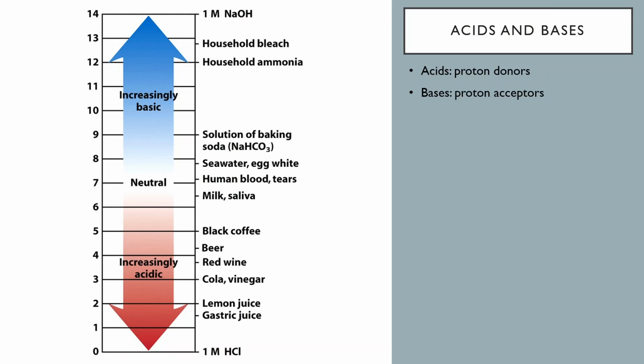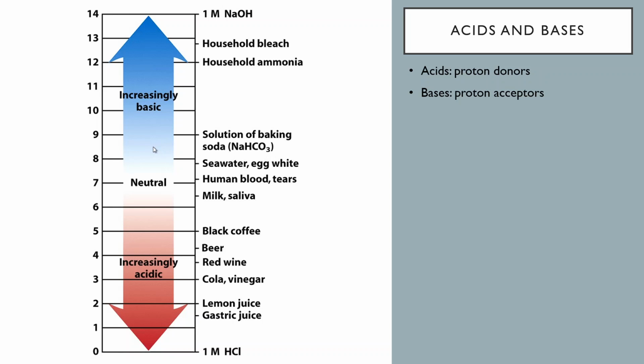That's also why we consider water, or a pH of 7, to be neutral. Anything with a pH larger than 7 means that the hydrogen ion concentration is less than 10 to the negative 7th. We call that basic. Anything with a pH lower than 7 means that the hydrogen ion concentration is greater than 10 to the negative 7th.